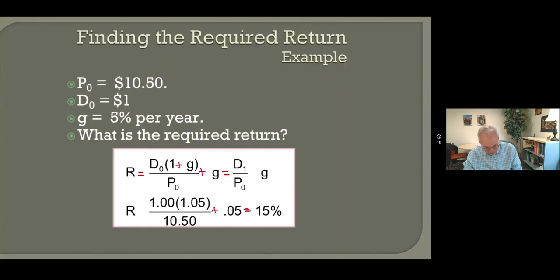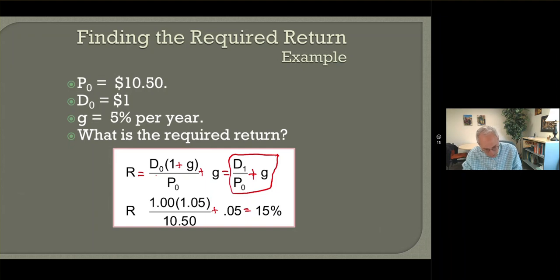So here's the formula. It's kind of like we have two formulas once again. Do you have D of 0 or do you have D of 1? Oh, I'm sorry, I have it wrong here. Let me back this up. Okay, so R equals D of 1 divided by price, plus the growth rate, okay?